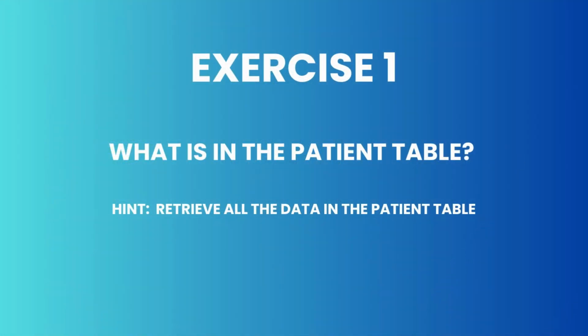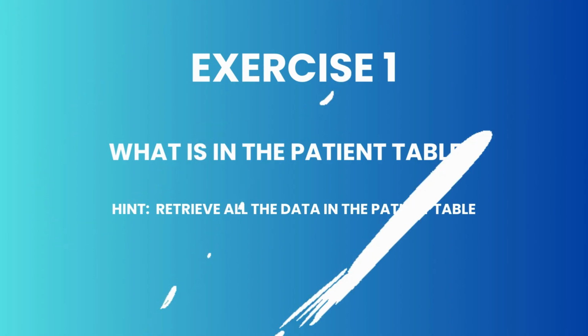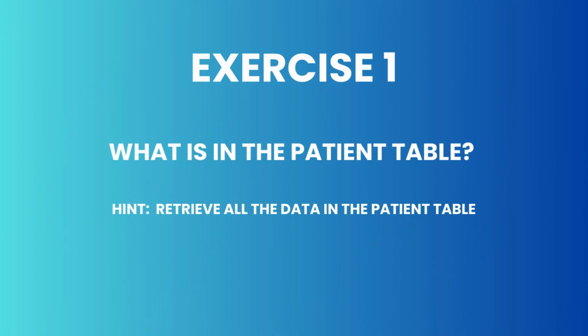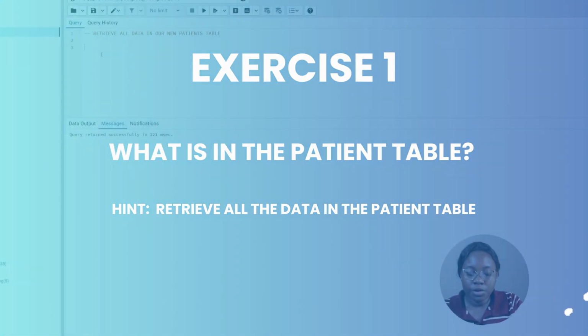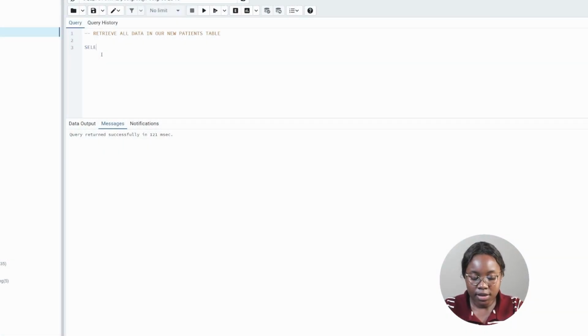Now, let's start with a question. What is in the patient table? We would like to know what types of attributes and observations are in the patient's table. In our query tool, let's write select. You use star or the asterisk because you want to retrieve all the values, and you say from and type the table name.